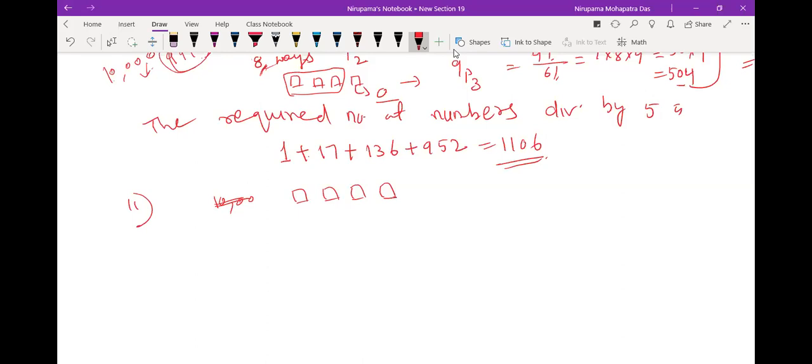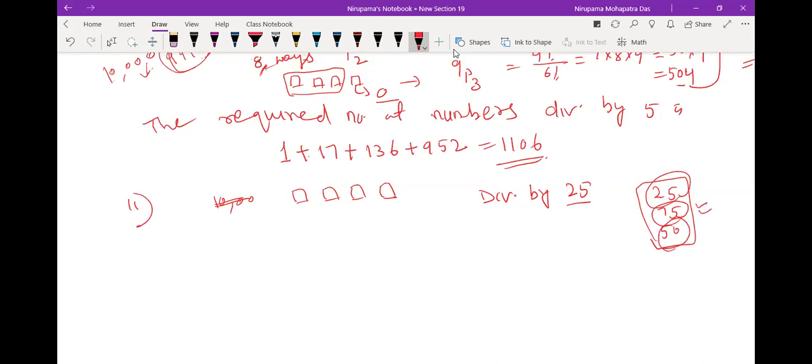Now, numbers divisible by 25: have you observed that either you have 25 or 75 or 50? Do you have any other choices? No. If you see the table of 25, it will contain either 25 or 75 or 50 in the last two places. So this is the criteria for us.